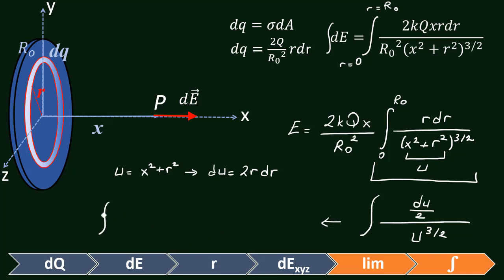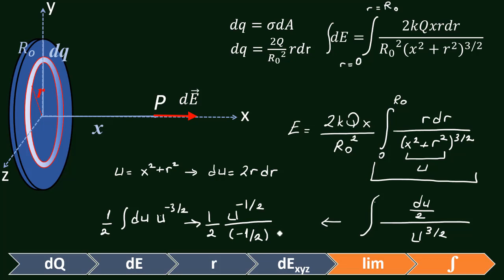So here we have 1/2 du times u to the power minus 3 over 2. The integral of this is 1/2 u to the power minus 3 over 2 plus 1, which is minus 1/2, divided by the constant up top, minus 1/2.